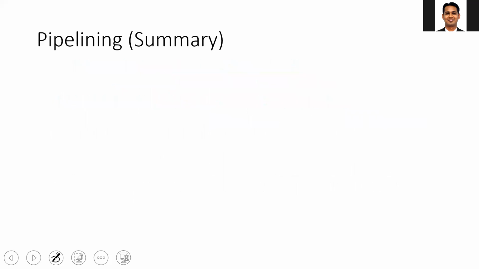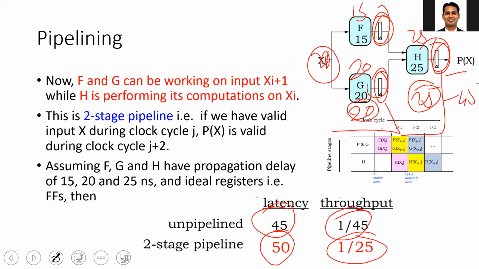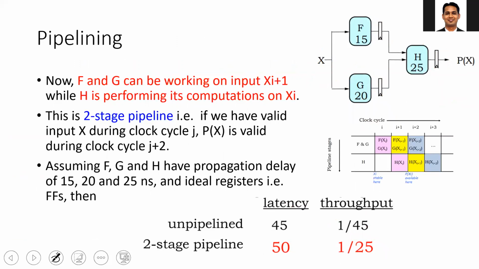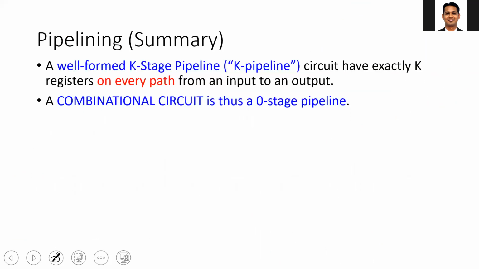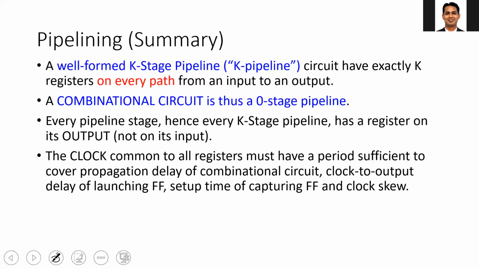As we have seen in the previous one, the clock period in case of the pipeline circuit, we have selected it as 25 because it covers all the combinational delay of the circuit. We take the maximum of the combinational delay, so that's why we take the clock period of 25. And here we assume that the corresponding setup times, clock skew, clock to output delay are negligible.